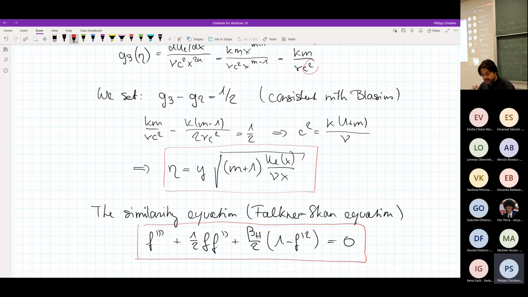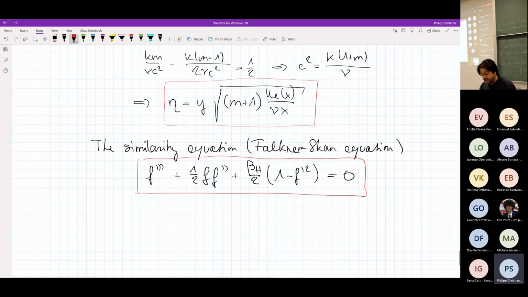And of course now we see quite easily that we have obtained our goal with the consistency with Blasius, because it turns out that the first two terms are exactly the Blasius terms. So this is the Blasius equation. And the Falkner-Skan bit is only this beta times (1 minus f prime squared). And the cool thing now is, if we have zero pressure gradient, then this beta is actually 0.